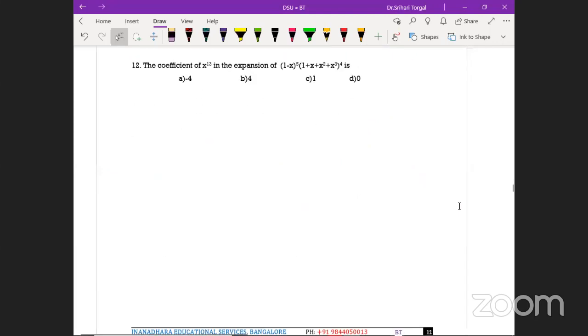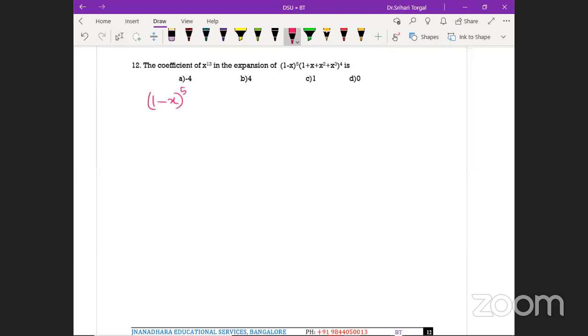Question number 12. The coefficient of x power 13 in the expansion of (1 - x)^5 (1 + x^2 + x^3)^4. Let me simplify this. This is a little bit lengthy.